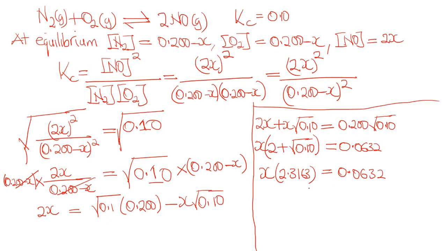Now once you do that, you want x to be by itself. So you divide both sides by 2.3163. The same thing here, 2.3163.